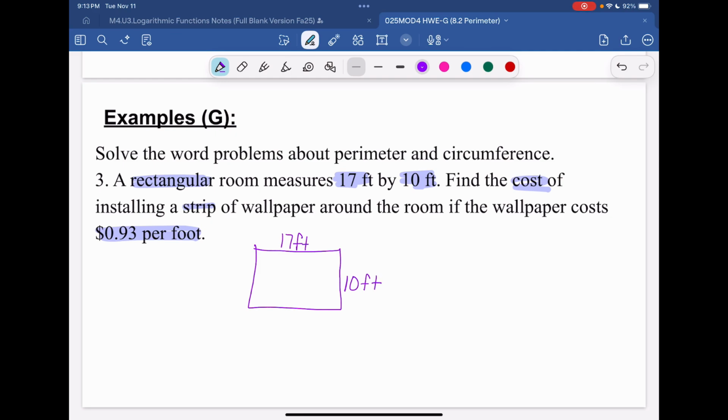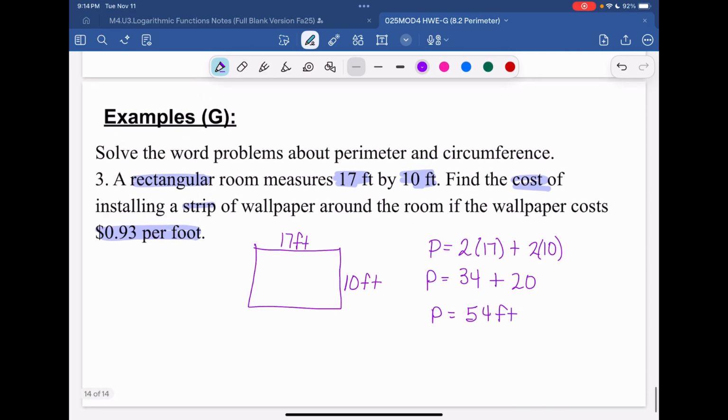What's our perimeter? So perimeter of a rectangle would be 2 times 17 plus 2 times 10. So that gives me 34 plus 20, so 54 feet.